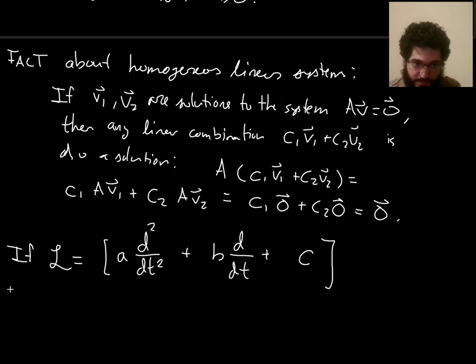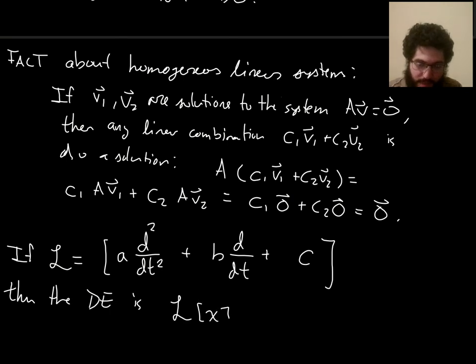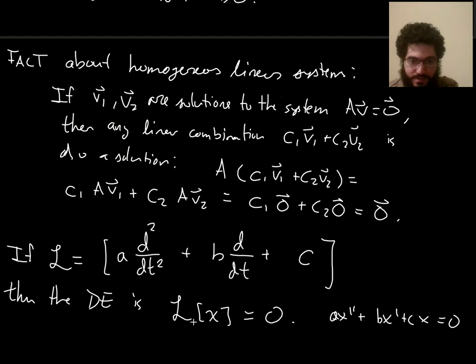If L is that, then the differential equation we were looking at is L applied to x equals 0. This is just a way of writing a x prime prime plus b x prime plus c x equals 0. And it's a linear differential equation in the sense that this L is linear.